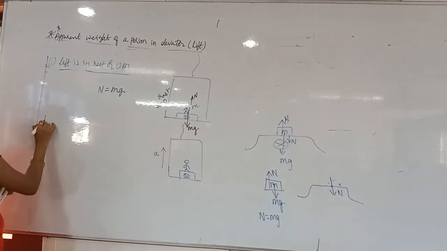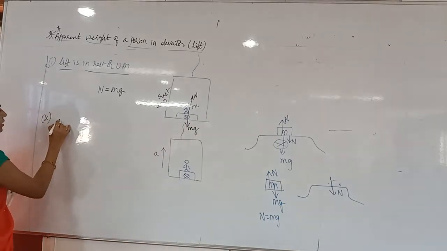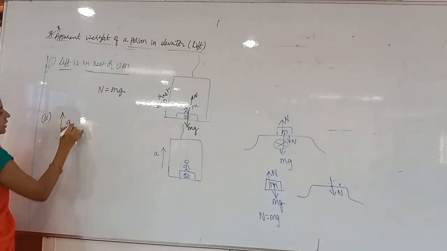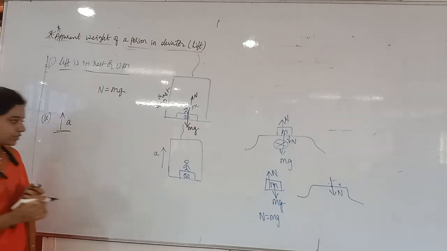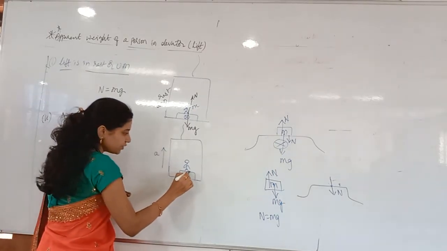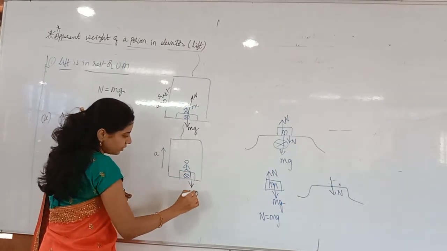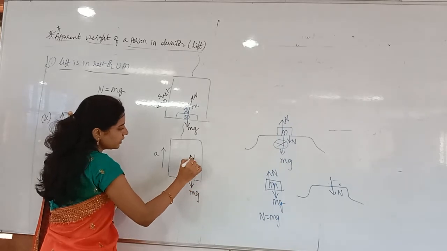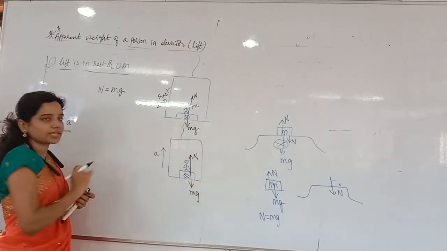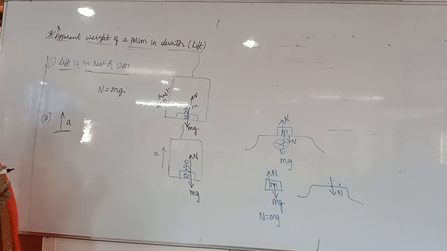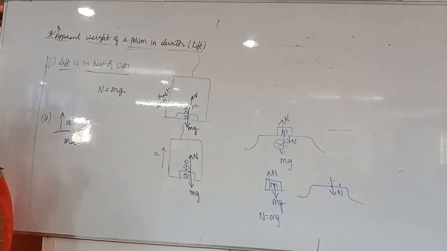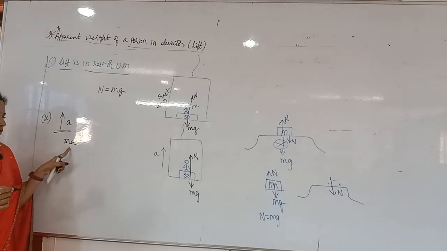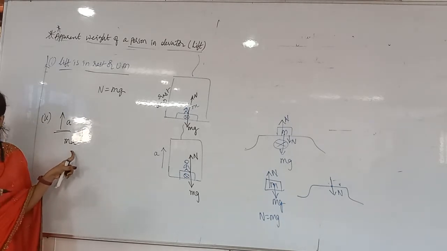Now next case is whenever the lift is moving upwards with acceleration a. Moving upwards with acceleration a. This is very important. See that here again which forces are acting downwards? mg. And then upwards which is acting? Normal reaction, and there is an acceleration. Now tell me the equation for ma. ma is equal to what can I write?